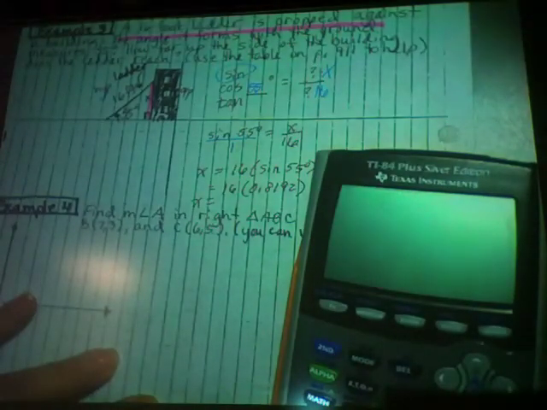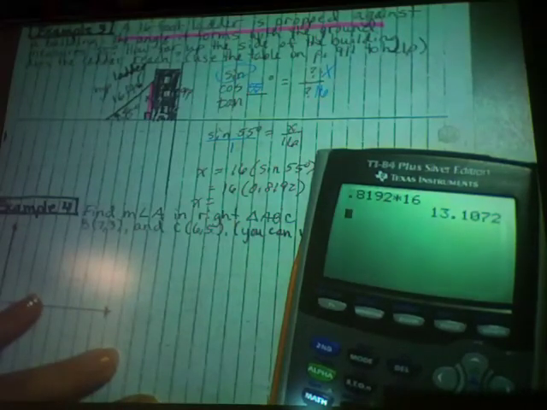And don't we get 13.12, go out to 2 decimal places, 13.12. And therefore, the ladder reaches 13.12 feet up the building.